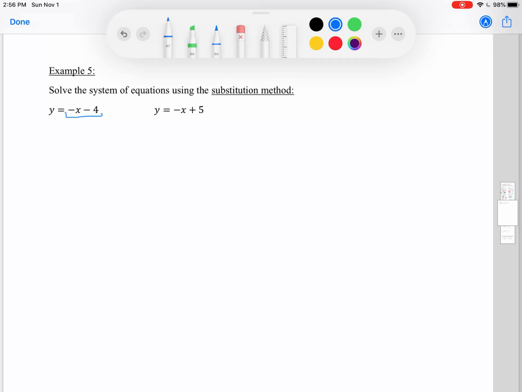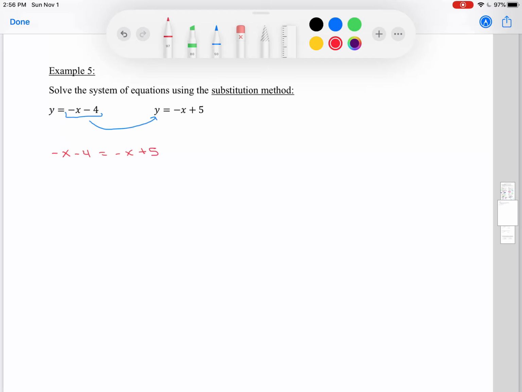All right, but because of this question asking for the substitution method, that's the one I'm going to show, but it's the same procedures. Your y value is equal to negative x minus 4. Take a look at the second function, and you're going to swap out that y for negative x minus 4.